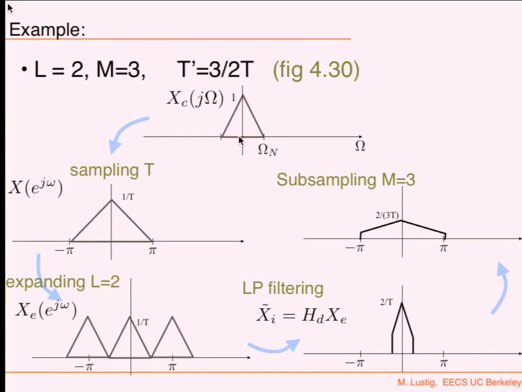And it kind of makes sense, because if I start with something that already occupies the band and I want to go to a lower rate, I have to cut off some of those frequencies. I cannot represent such significant bandwidth using so few samples. So I have to get rid of some of the high frequencies in order to be able to do this. Okay?